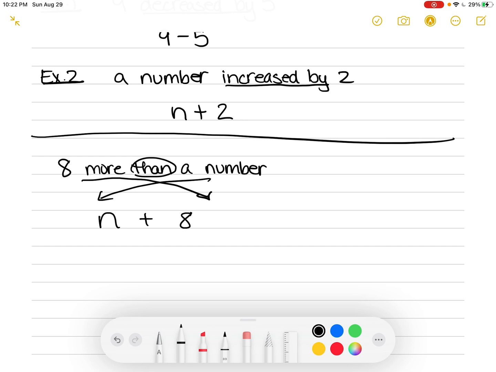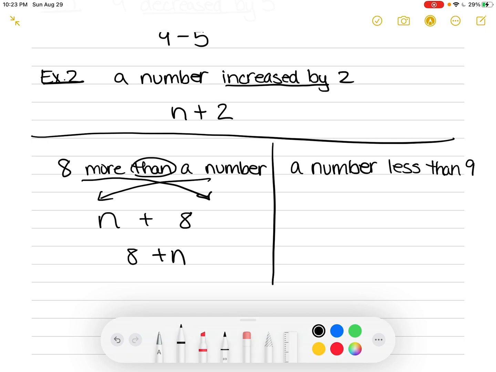Okay? And because plus signs can be commutative, right? We can flip them around. 8 plus n would be fine on this. It's still the correct answer. But look at when I do "less than." If I wrote a number less than 9, and that kind of looks funny because you're thinking of the less than sign, but we're not doing inequalities here.